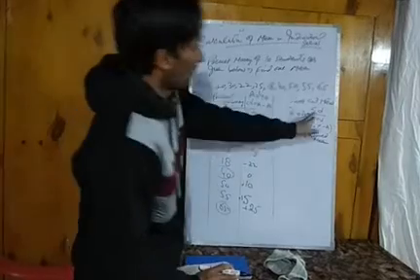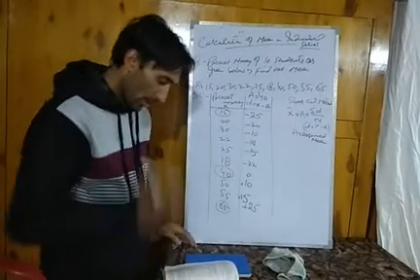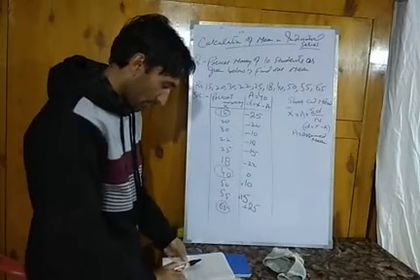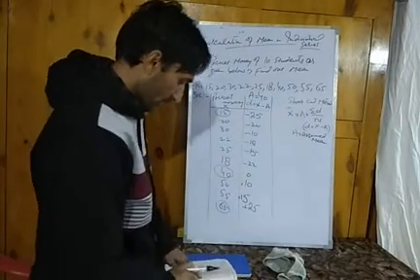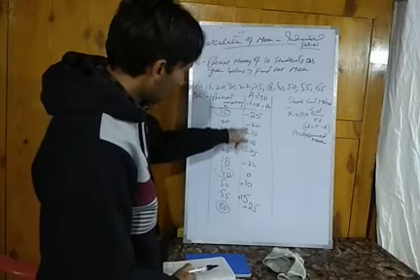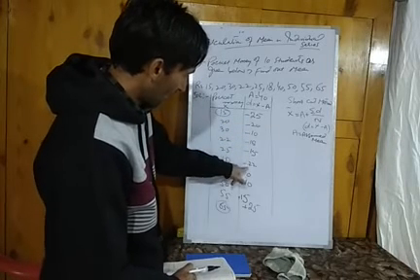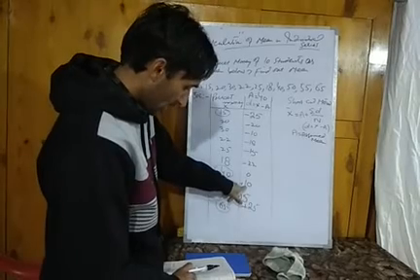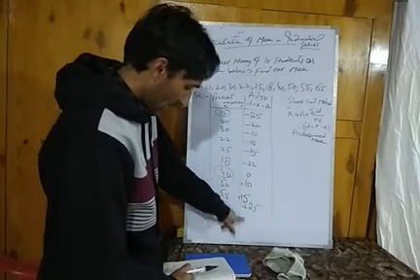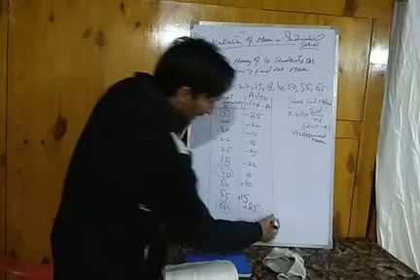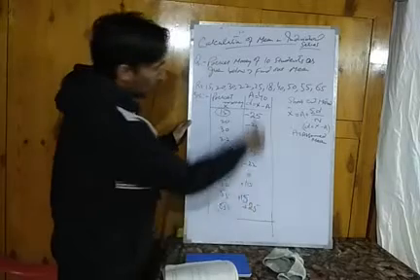Now we have to calculate the summation of D. What is the summation of D? So this is minus 25, minus 20, minus 10, minus 18, minus 15, minus 22, plus 10, plus 15, plus 15 and plus 25. Let us calculate the value of this.